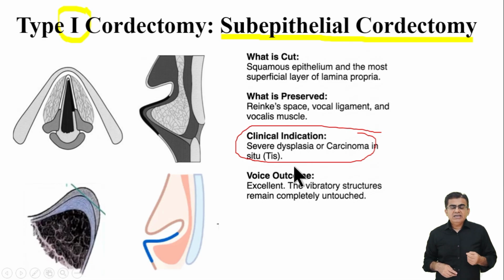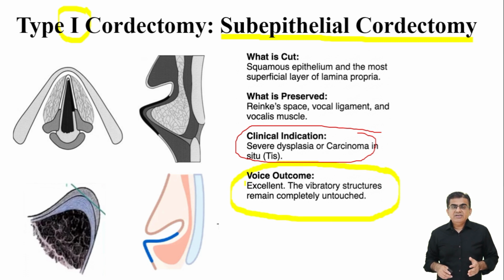Instead, for early suspected cancer, you must perform this precise type 1 cordectomy as a perfectly clean excisional biopsy. Because we safely preserve all the deep vibratory structures, the functional outcome is truly fantastic. The patient will naturally heal with an excellent voice that is essentially comparable to a completely normal voice.